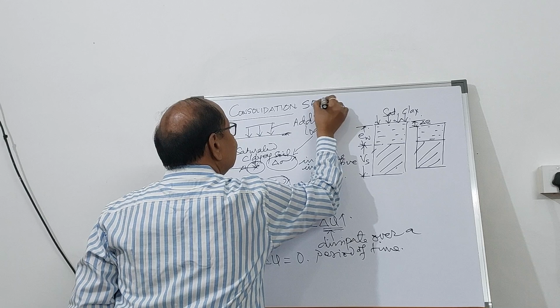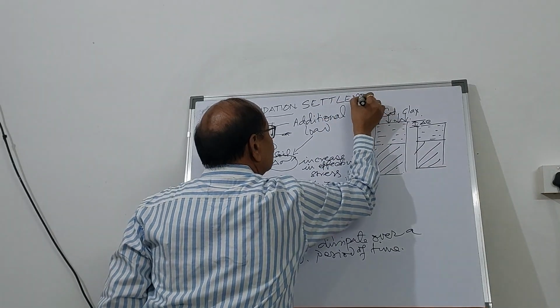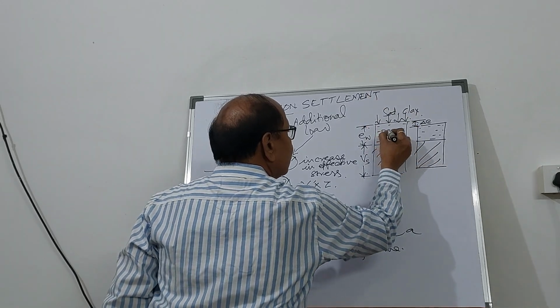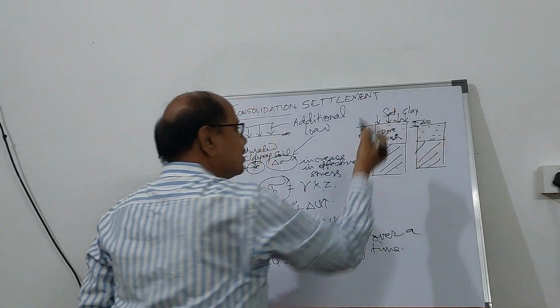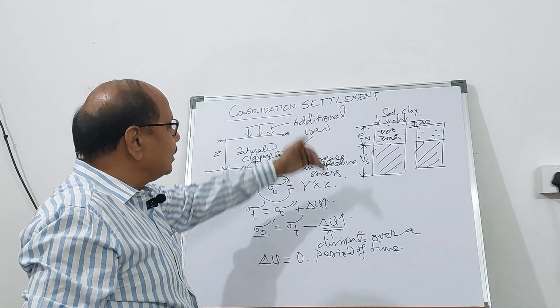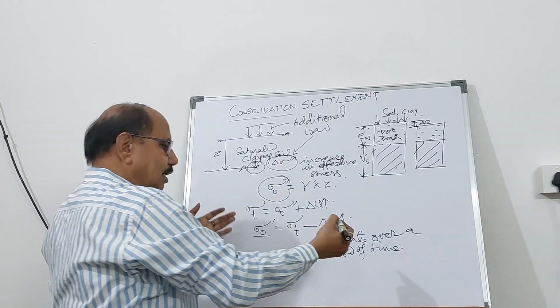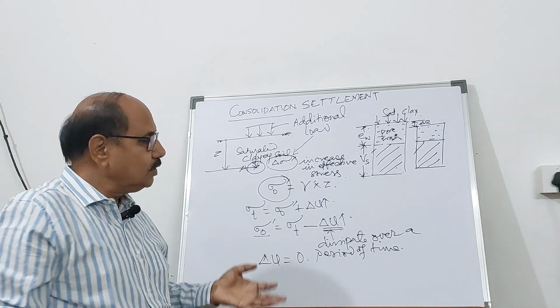So consolidation settlement is because of dissipation of this pore water. Once this pore water goes out of the system, it leads to a reduction in the void and it leads to consolidation settlements. But it takes quite a longer period of time.